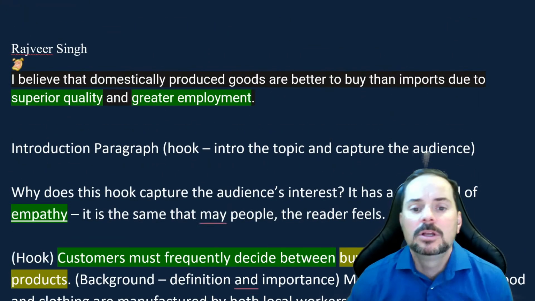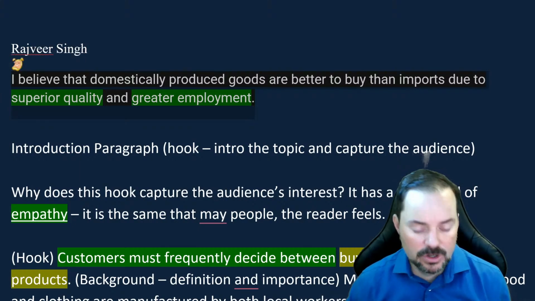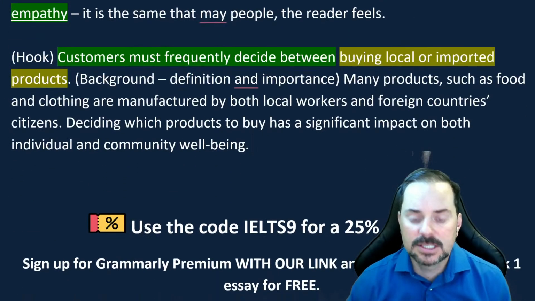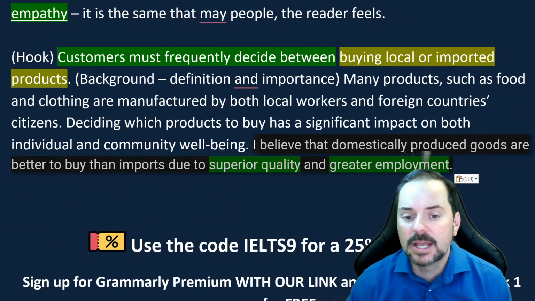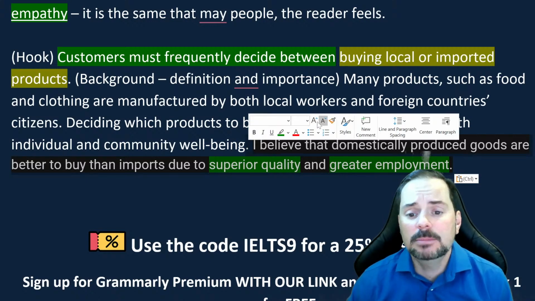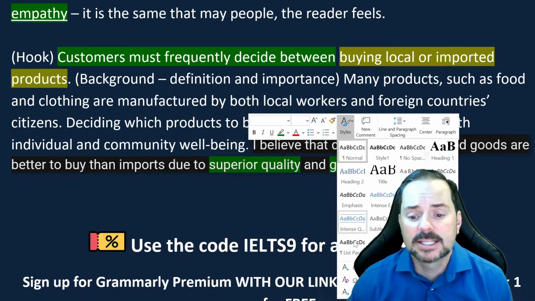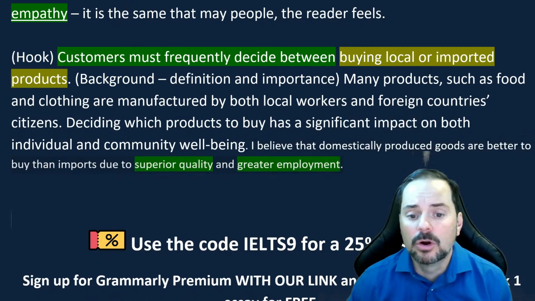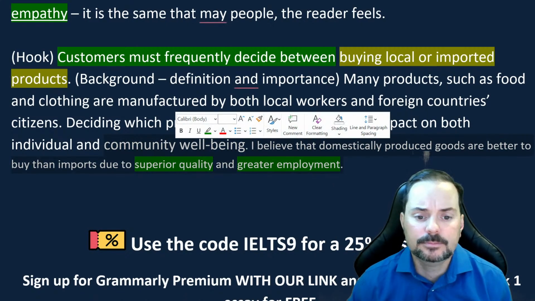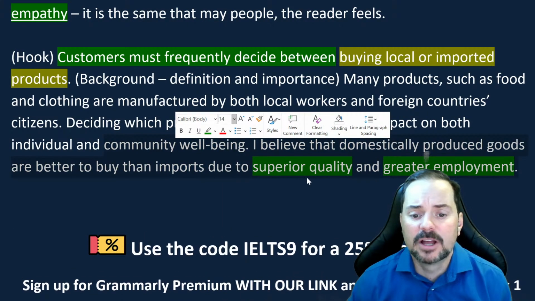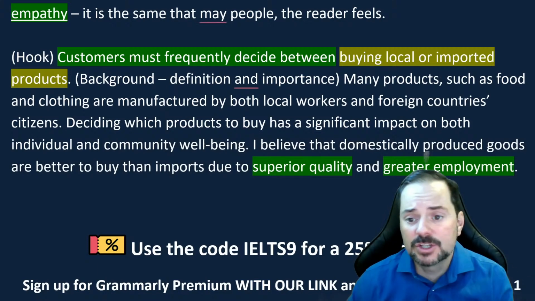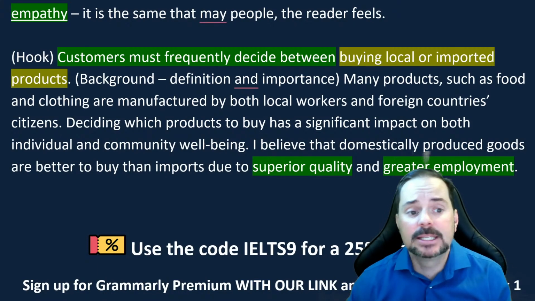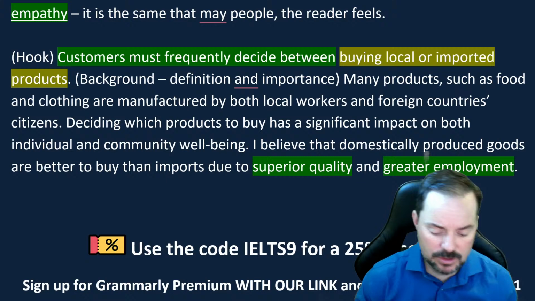And now let's take what Rajveer wrote as the thesis statement and develop that into an essay. A good thesis statement can be developed into an essay by any good writer. It doesn't even have to be your own, okay? So let's develop Rajveer's. Now here is your Band 9 introduction.